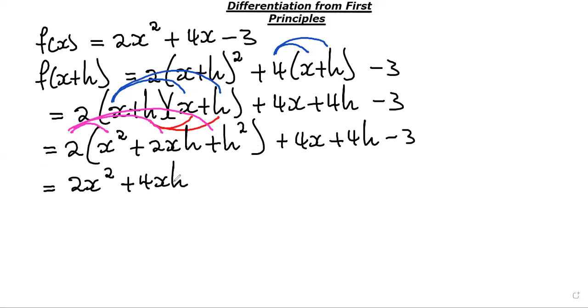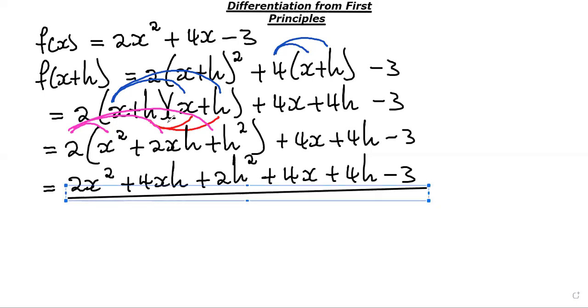And 2 times h squared, we simply get 2h squared. And we still have 4x, we have 4h, and then we say minus 3. So here we can see that we don't really have like terms to collect. So this is our f of x plus h in its simplest form.